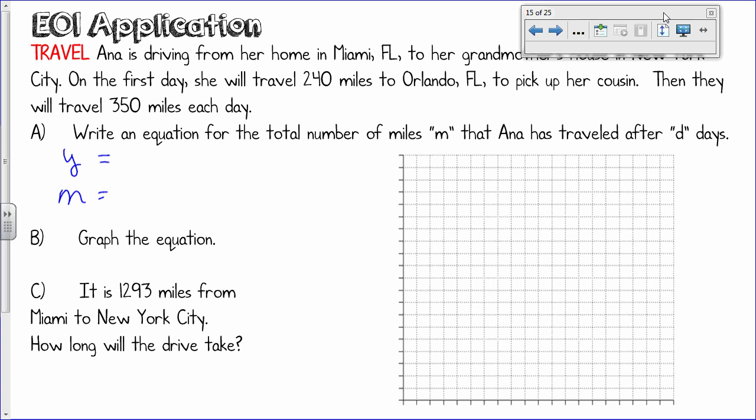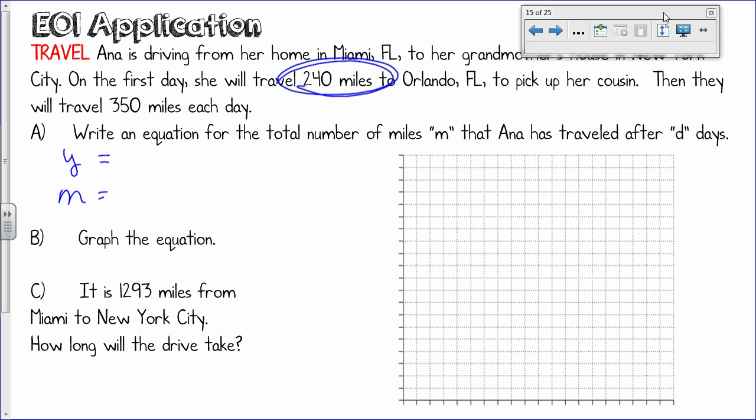Okay, so M equals what? She's already traveled how much? So that would go at the end, wouldn't it? So M is going to be, 240 will go at the end.